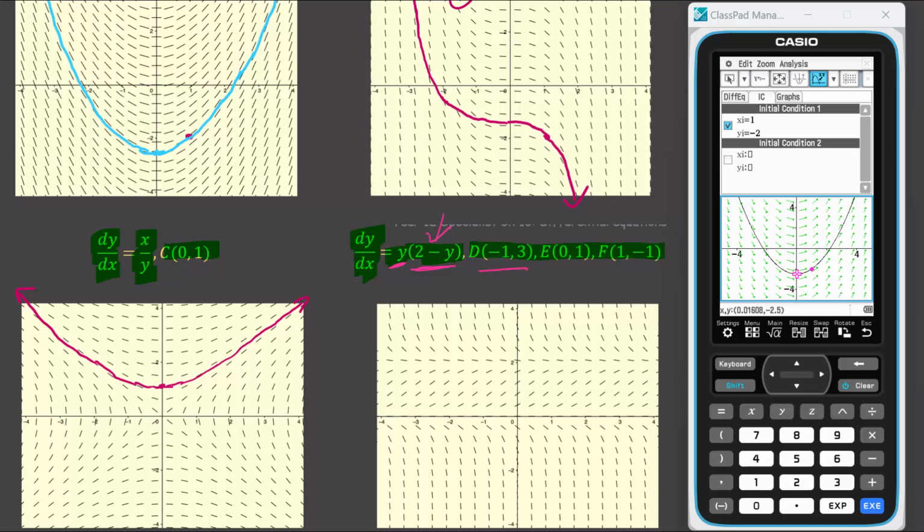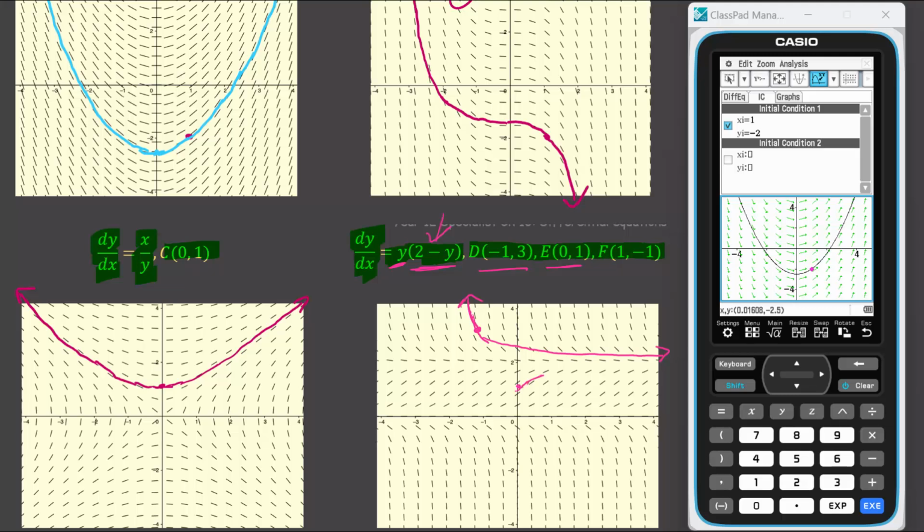(-1, 3). So (-1, 3) would be around here. And if we do that, we can see that's going to come down very sharply there. But then it's going to asymptote out that way. What's going to happen for the solution at (0, 1), which is this solution?